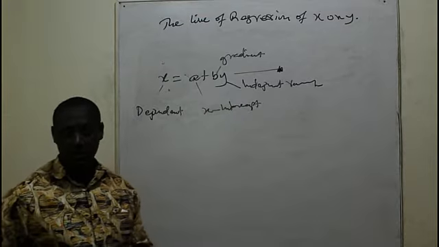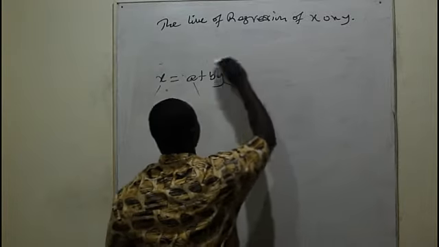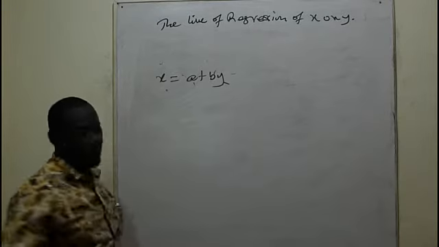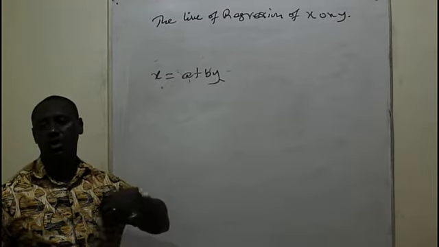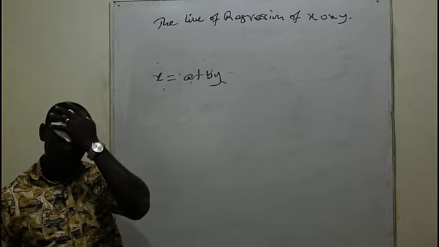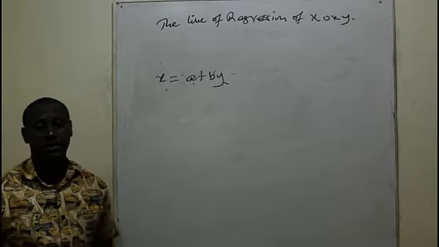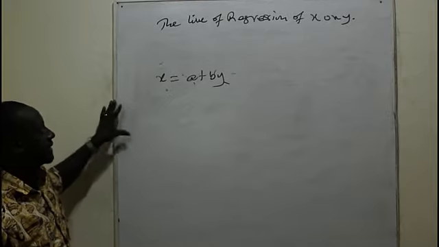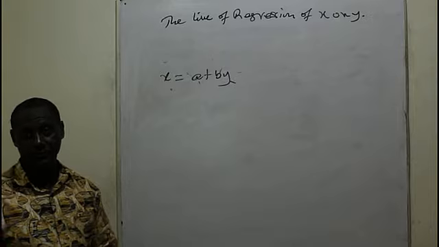So we have to determine our values of a and b, and then substitute them into the equation so that we can get the line of regression of x on y.